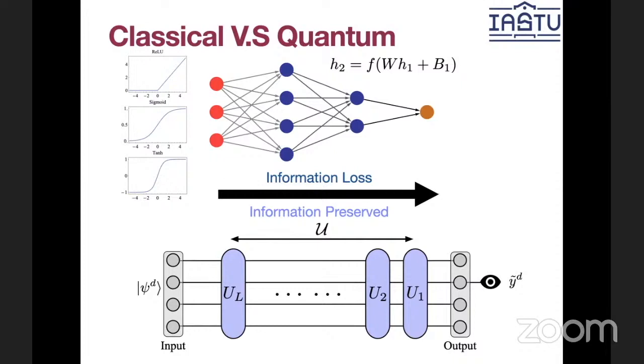Here, by the way, we don't consider the measurement. So we can do another linear transformation to the output wave function and apply the set of unitaries, and we can recover the input wave function again. So in this way, we call the quantum neural network information preserved.